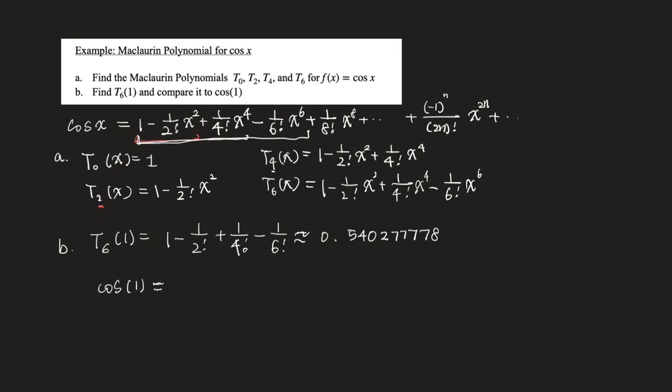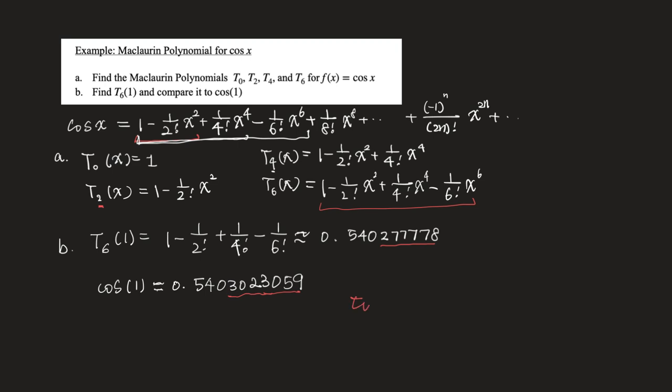Calculating gives 0.5403023059. They're a little different right here, guys, because we only take the degree 6 polynomial. There's a little difference, an error, but it's very close to cosine 1.